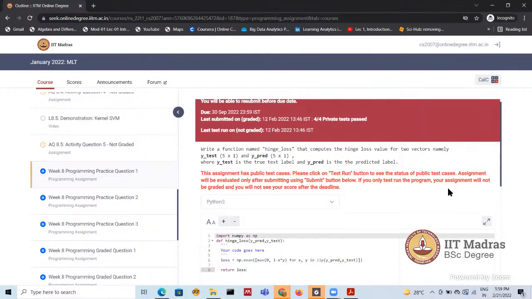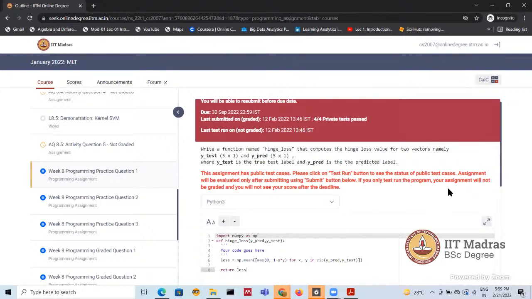Okay. In the question, nowhere is it written to take the mean, so why do you consider the mean? Even in the discourse I have seen, the question should say mean of the hinge loss, mean hinge loss.